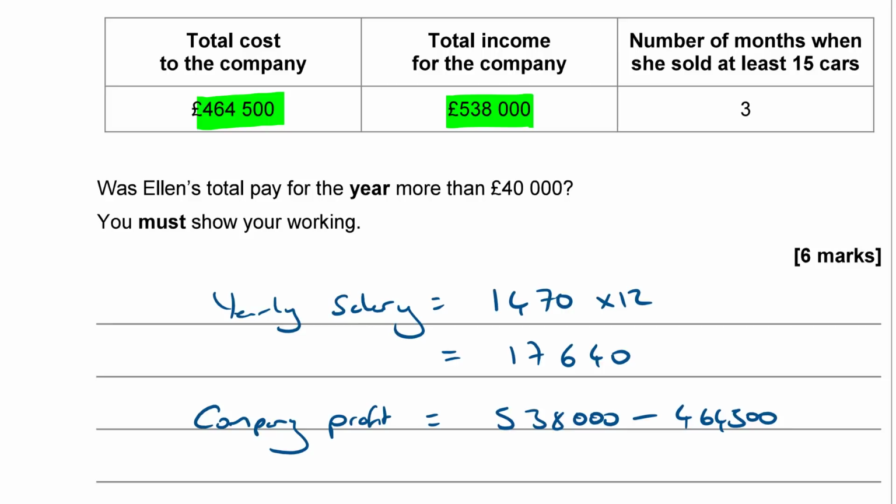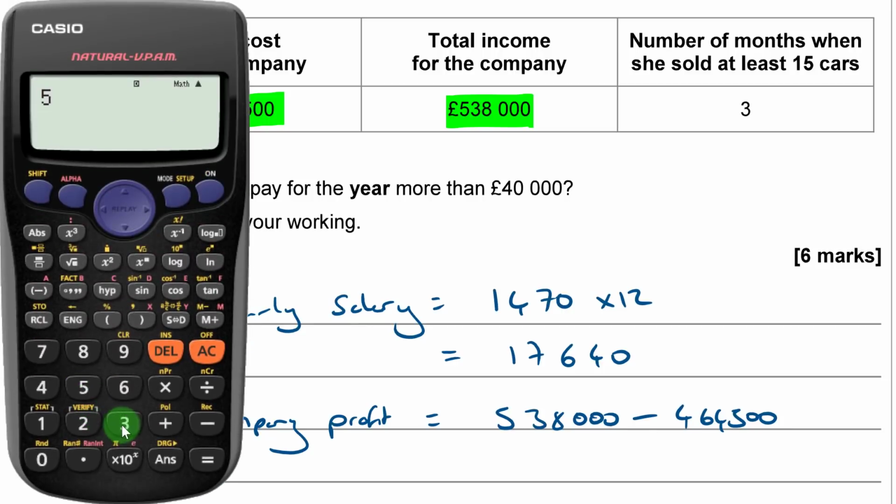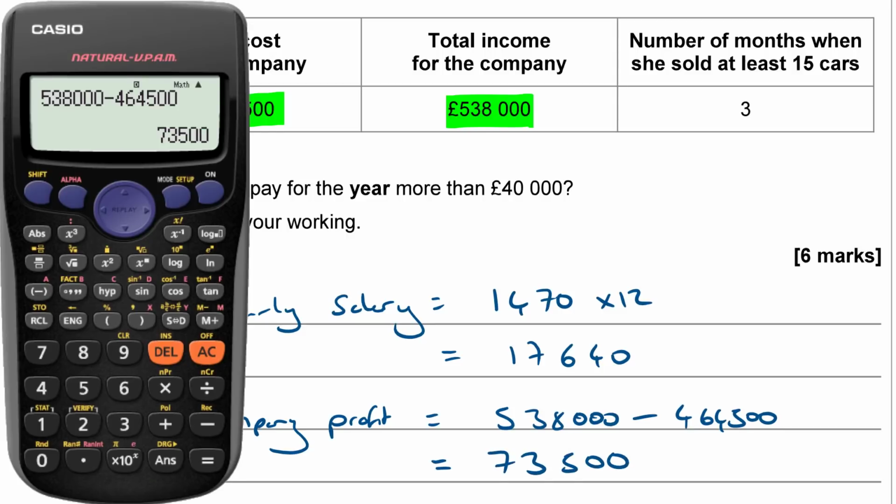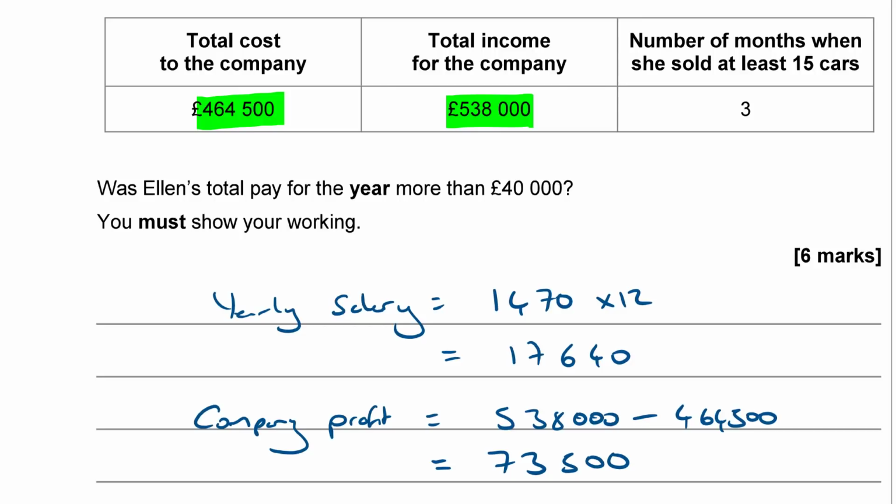So tap that into the calculator. 538,000 subtract 464,500 comes out to £73,500. That's how much profit the company made out of those sales.